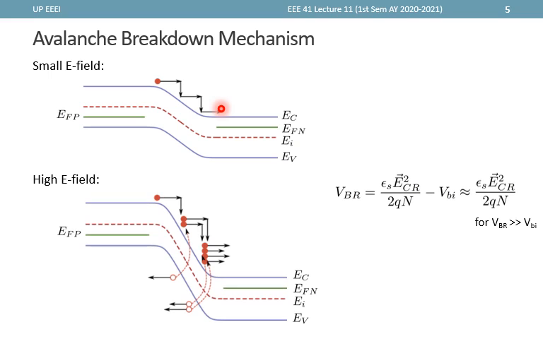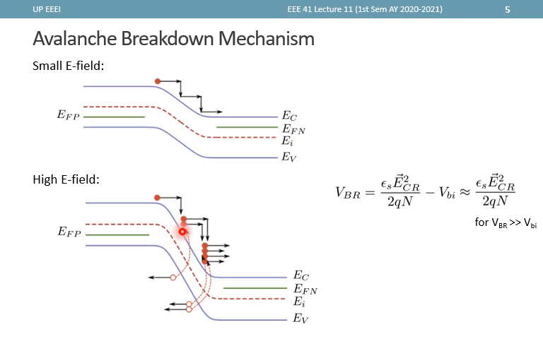However, when we have a very high, strong electric field, the electron is accelerated faster and gains a larger kinetic energy prior to bumping. Now the kinetic energy again is measured from this point to EC.